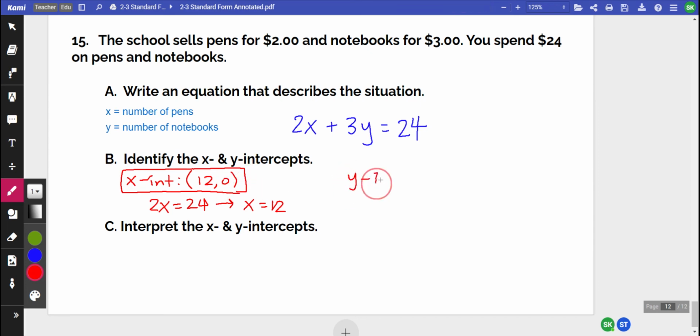For the y-intercept, I'm going to plug in 0 to the x value. So now I solve the equation 3y equals 24. If I divide both sides by 3, I get y equals 8. So our y-intercept is 0, 8.